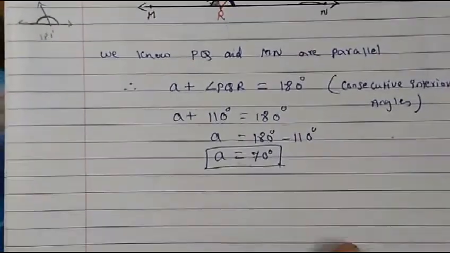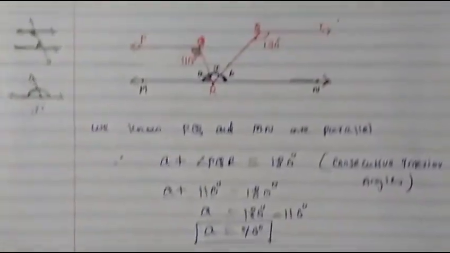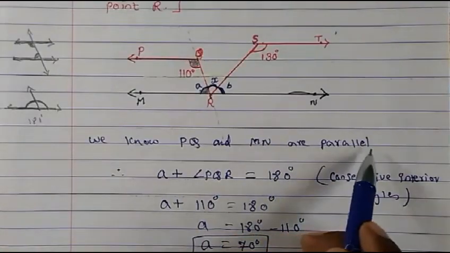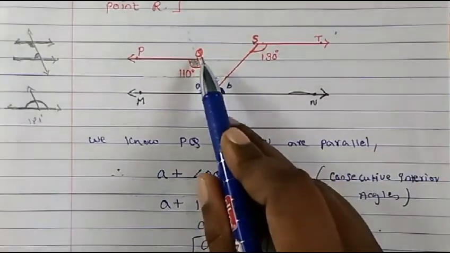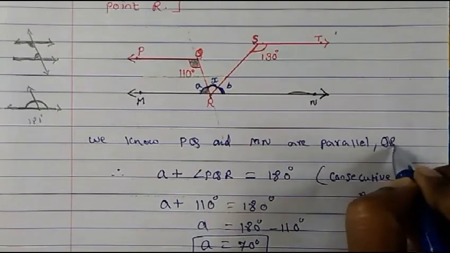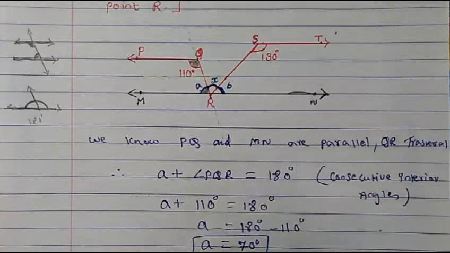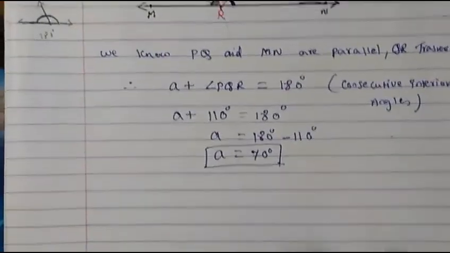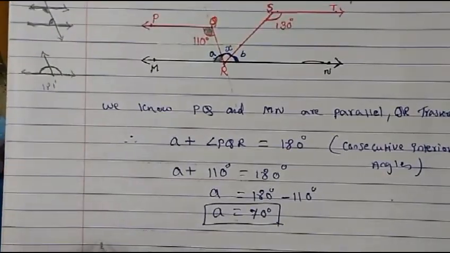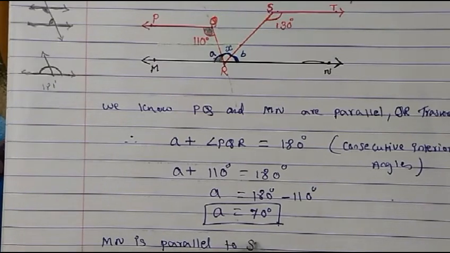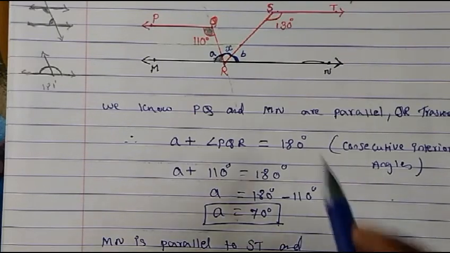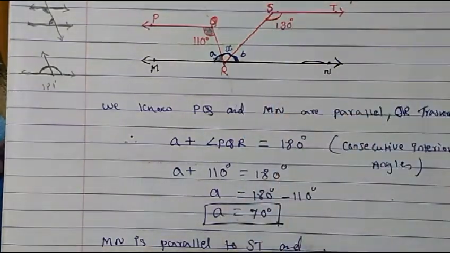Here we know PQ and MN are parallel, and QR is the transversal. Same way, you can write here that MN is parallel to ST and SR is the transversal.